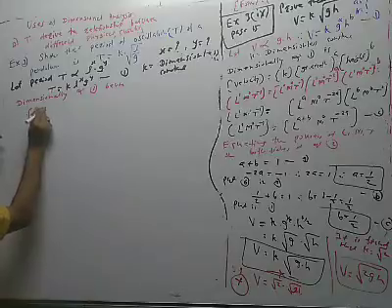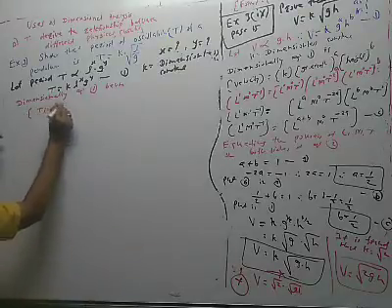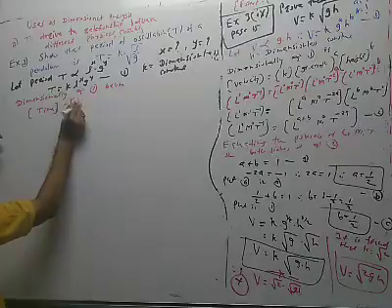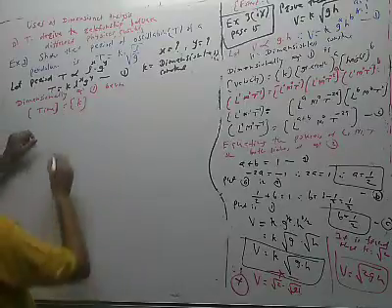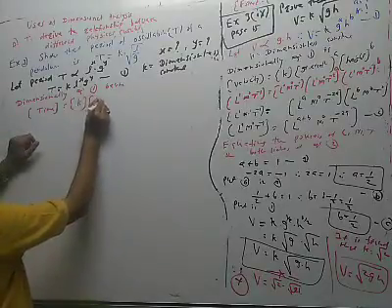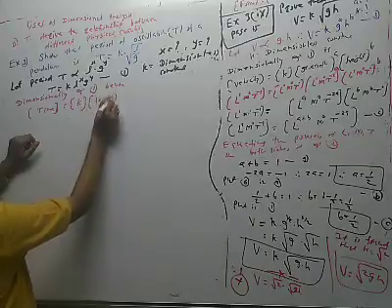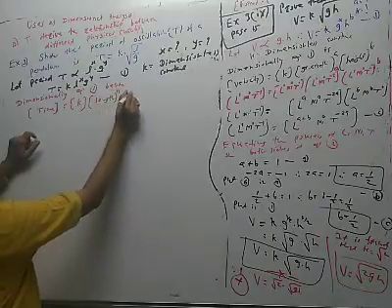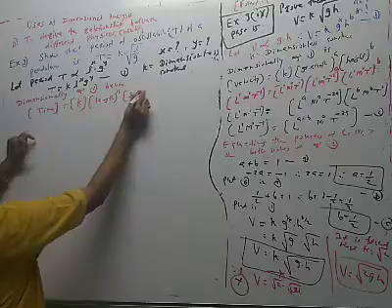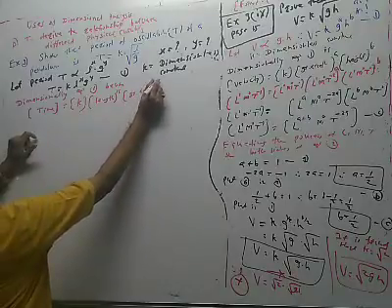It is a time. So dimensions of time is equal to dimensions of dimensionless constant, dimensions of length, fundamental quantity, raised to X, dimensions of gravitational acceleration, raised to Y.